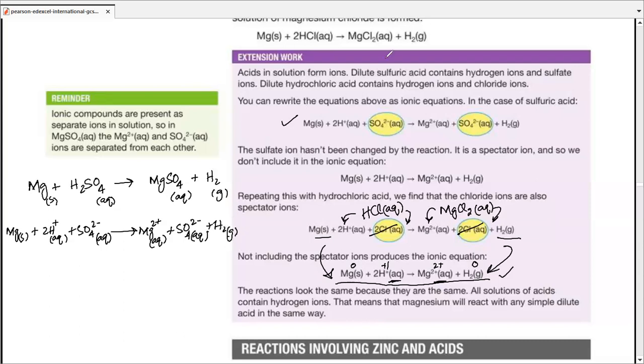Right? Now, if you take a look at it, you would see that we can easily cancel out this one, as this one has the same state symbols and sign numbers on both the sides.